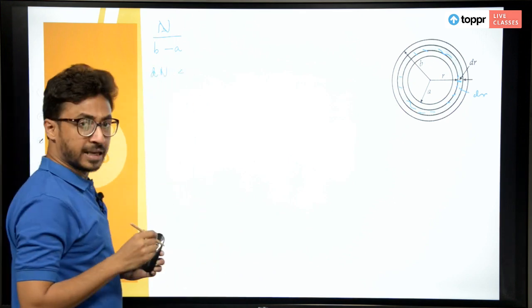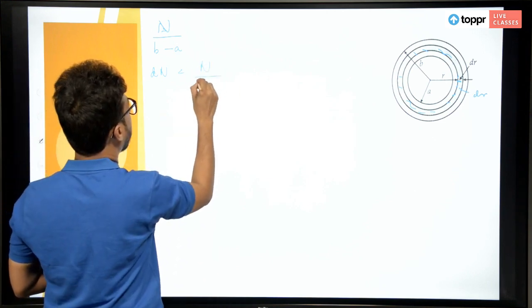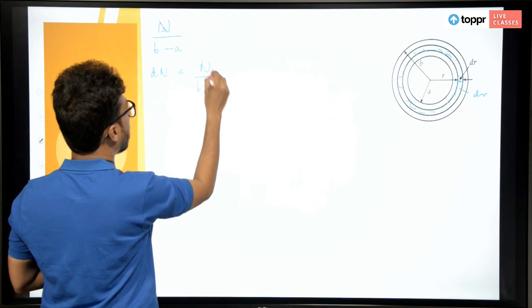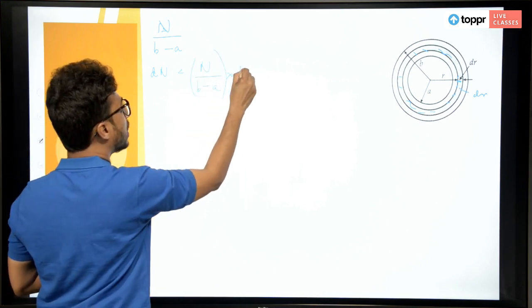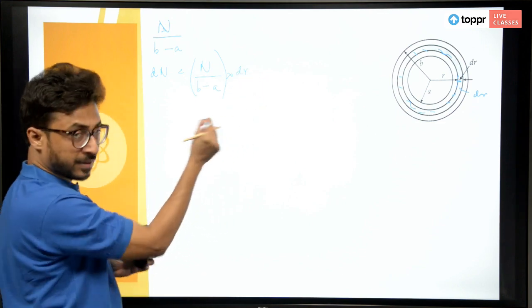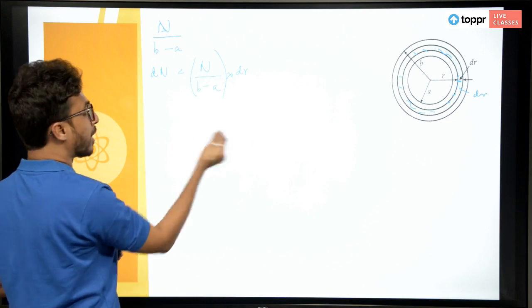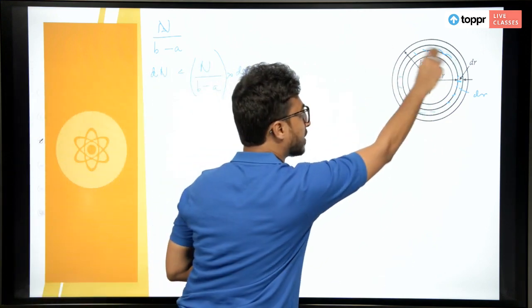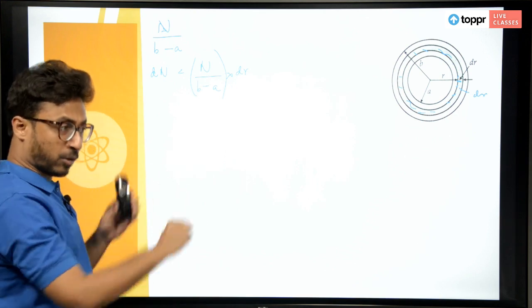So, dn will be nothing but N divided by B minus A, that is the number of turns per unit length, times the varying length, which is dr.